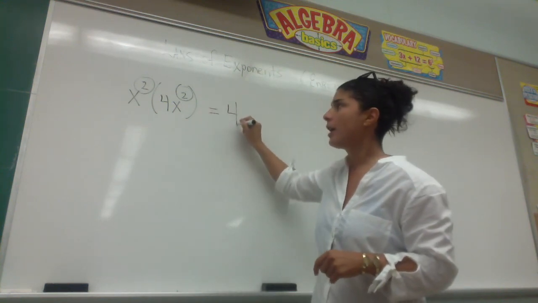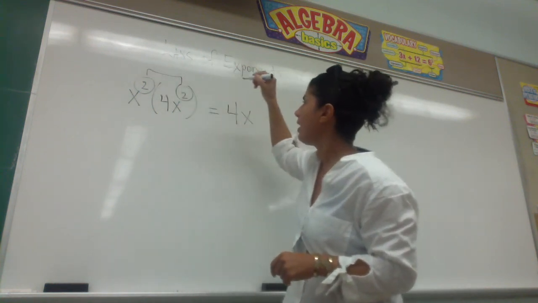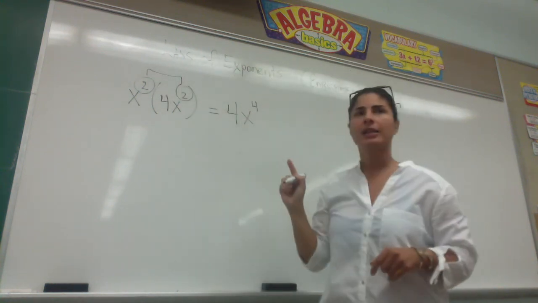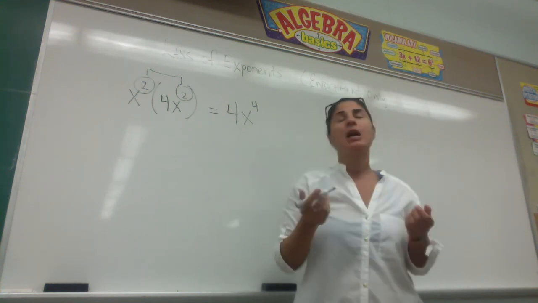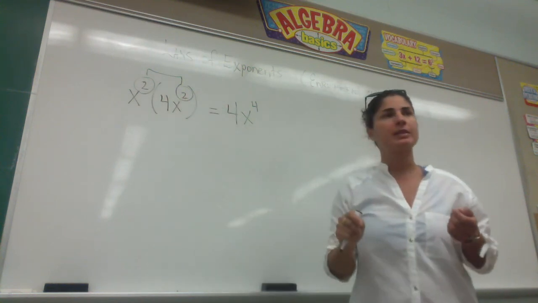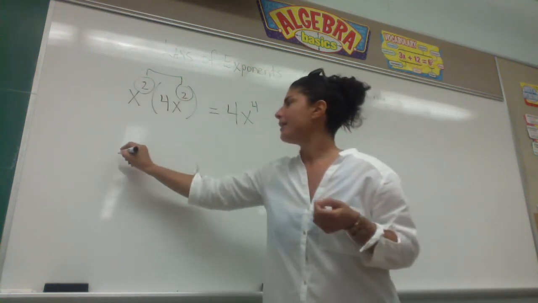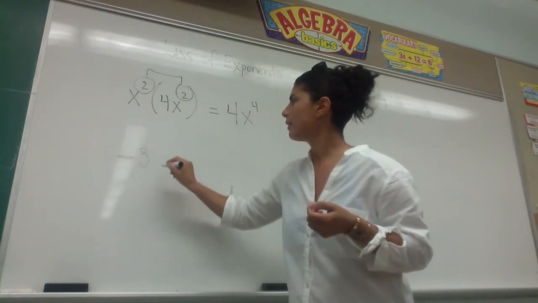So it's 4x to the power of 4. The law is telling me that since my bases of x are the same, I can easily add my exponents.